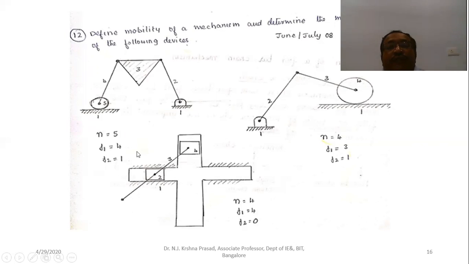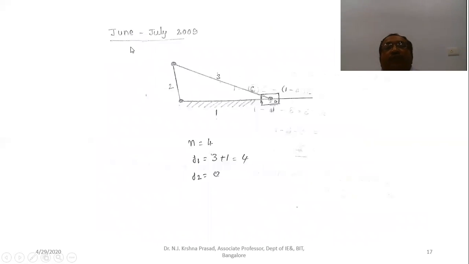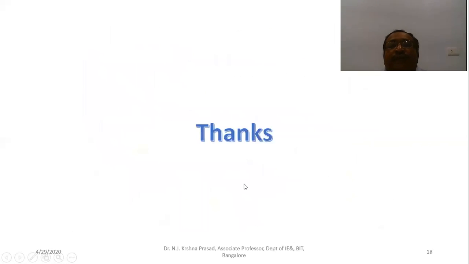Count those and substitute in Grubler's mobility equation, and you'll get the value. And one more problem was given in June, July 2009. So you count the values of n, J1, J2 as per the explanation given earlier. So that completes the problems.